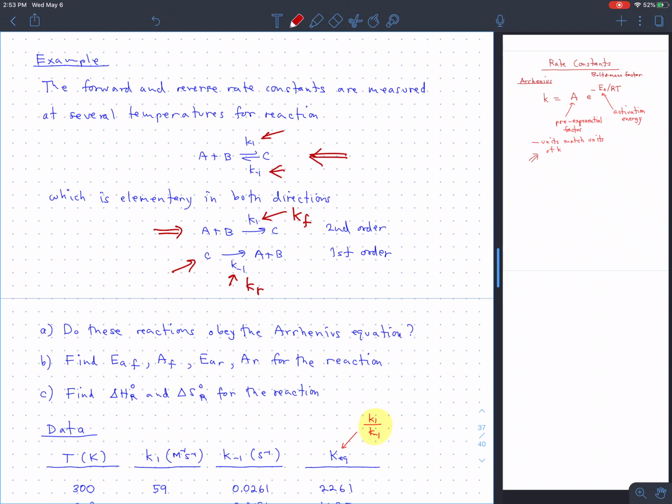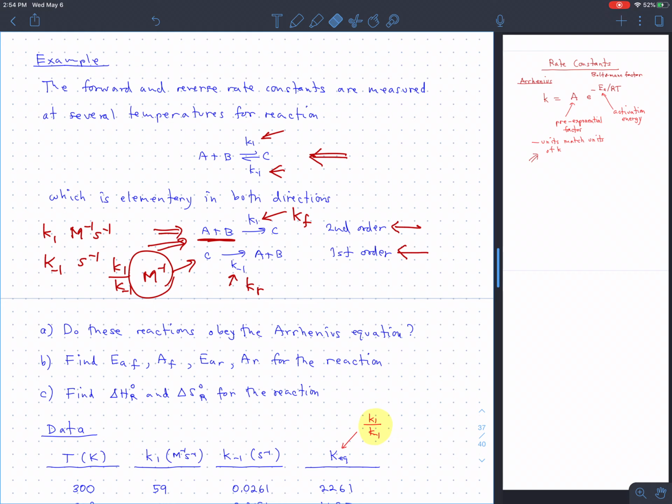Notice also that since these are both elementary reactions, you can tell just by the fact that there's two reactants here that the forward reaction is a second order reaction. But the reverse reaction is in fact a first order reaction. And that means that K1 has units of molar to the minus 1 seconds to the minus 1. K minus 1 has units of seconds to the minus 1. The ratio of those two therefore has units of molar to the minus 1, not unitless, but that means that we're using a 1 molar standard state.